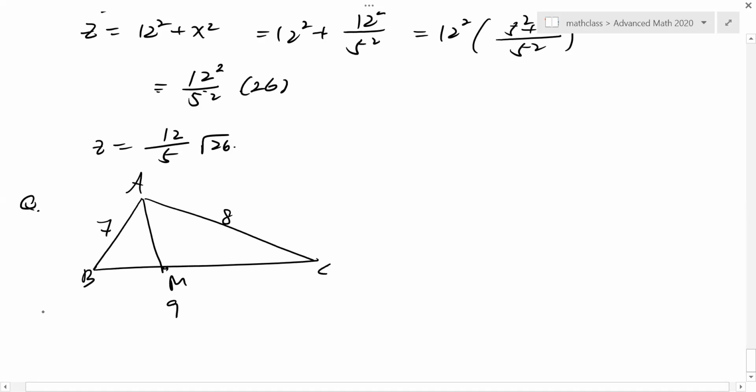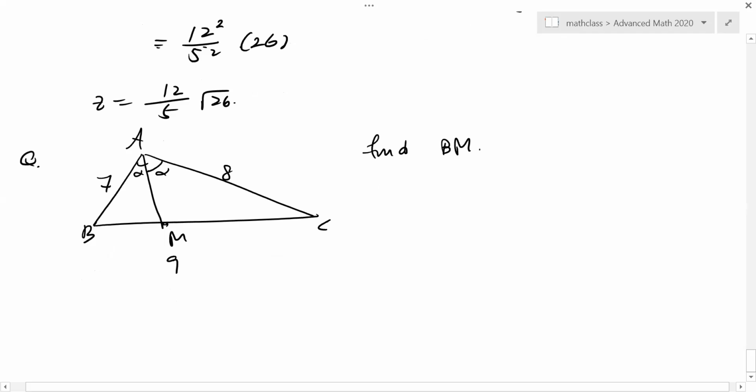Okay? And this angle equals that angle. So what is the length of the line segment BM? Okay, find BM. Once you find BM, you can find CM. So this is just a 7, 8, 9, an arbitrary triangle, but this time, this line AM bisects this angle. Right, so please work on this problem.